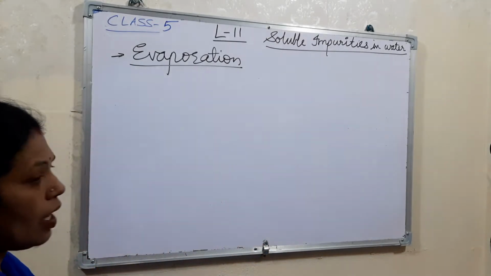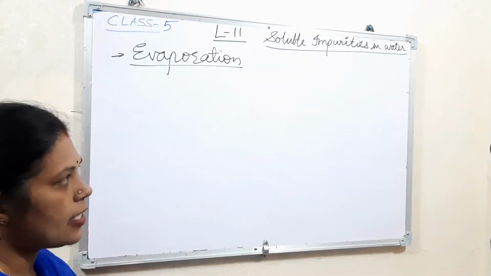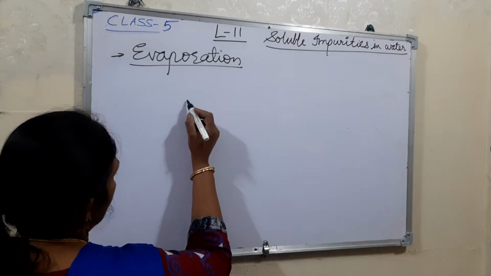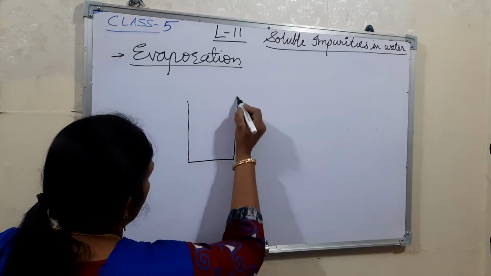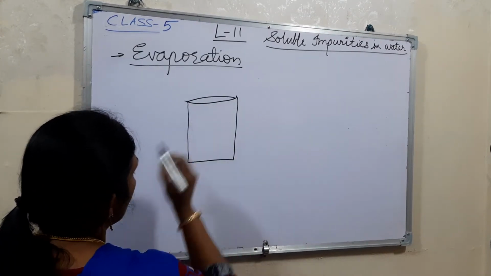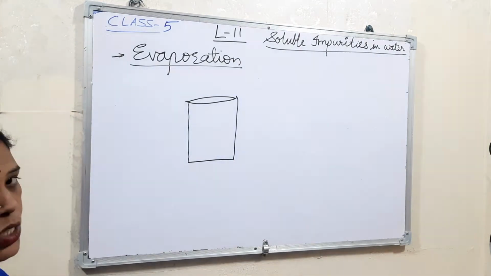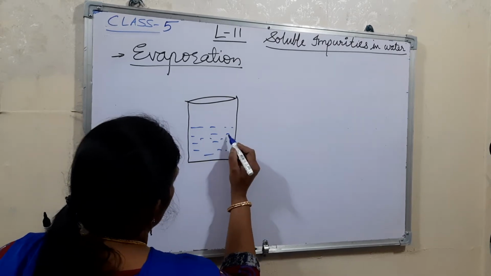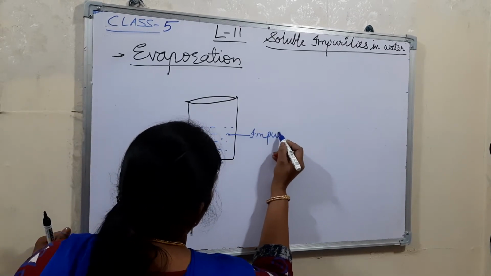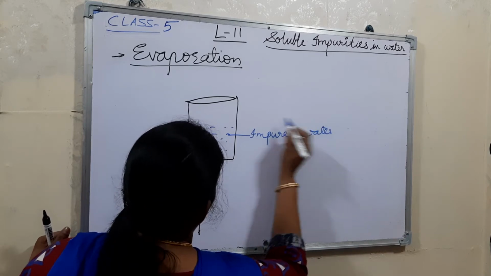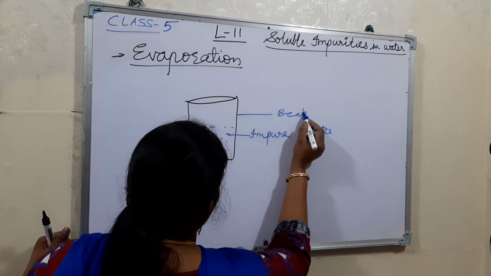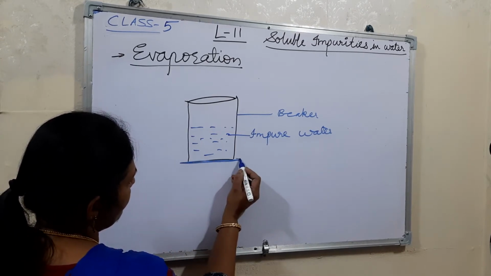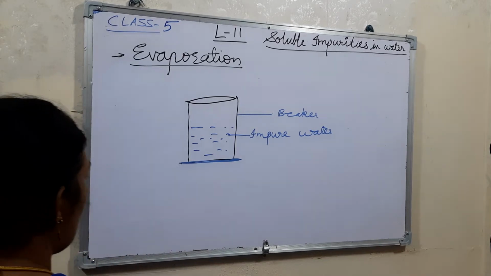Okay, now see, at our home also we can do this experiment. How can we do it? For that, first take a beaker. Okay, take a beaker. In this, take the impure water. Okay, here the impure water. This is the beaker. Then we have to keep it on a stand.